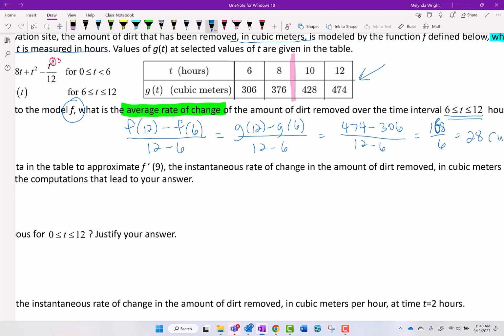So f prime of 9 is going to be approximately 428 minus 376 over 10 minus 8, which should be, unless I made another typo, 52 over 2, which is 26 cubic meters per hour.